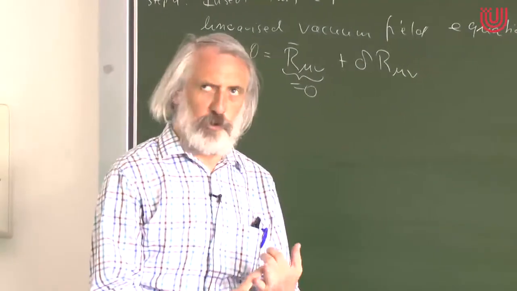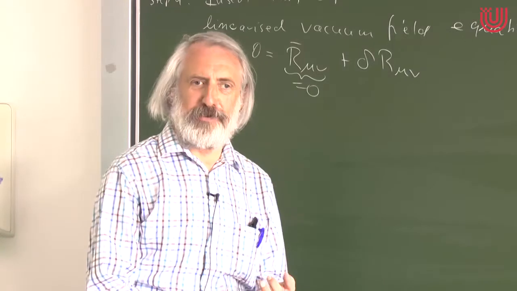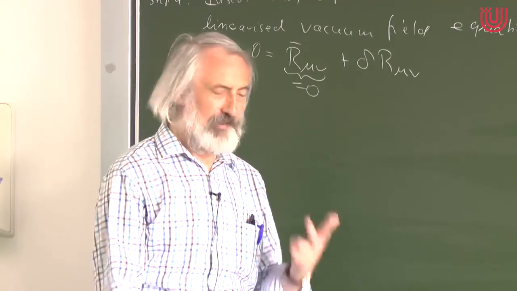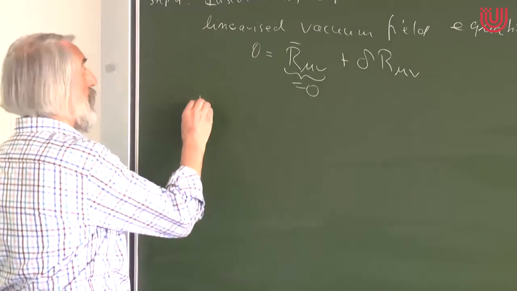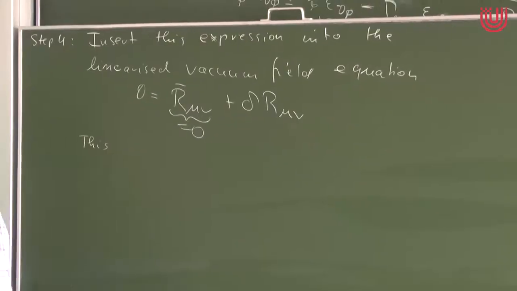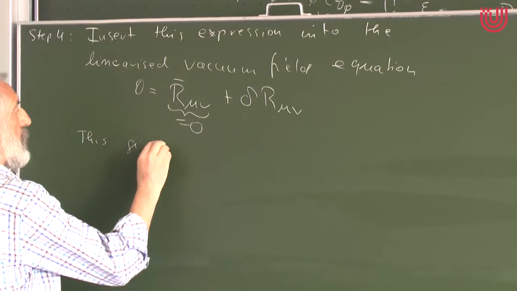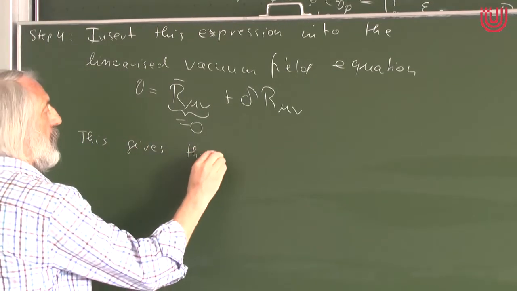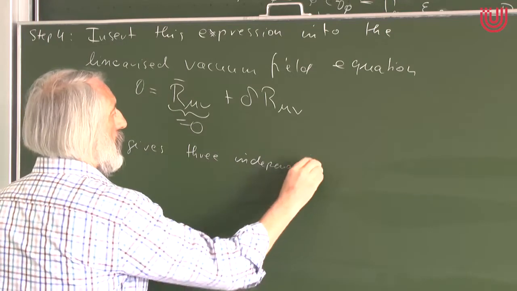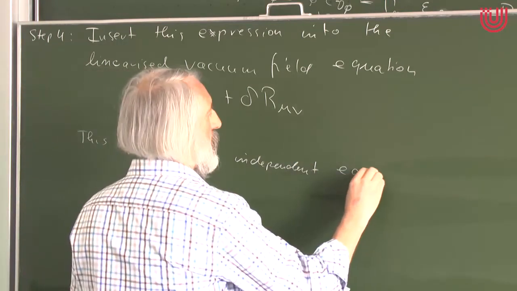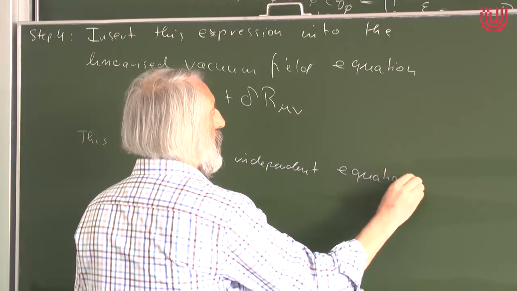So you might have some hope that not all of the 10 equations are independent. And actually they are not, there are only 3 independent equations. After a long calculation, which I will not do on the board, this gives 3 independent equations. And I will write them down now and discuss.